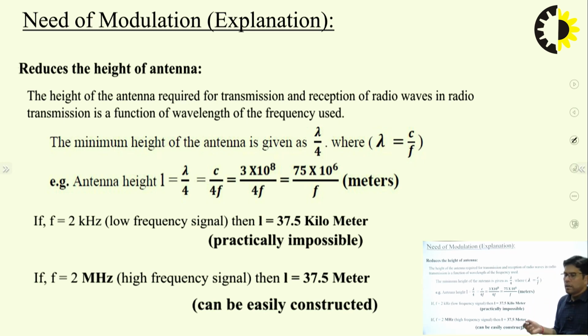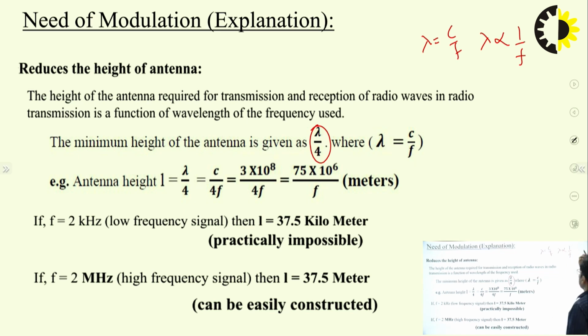In the standardized format, we use the dipole antenna or monopole antenna. Here we are talking about the monopole antenna, and the monopole antenna has a height of lambda by 4, right? As we know, the wavelength lambda is c by f, and lambda is inversely proportional to the resonating frequency.